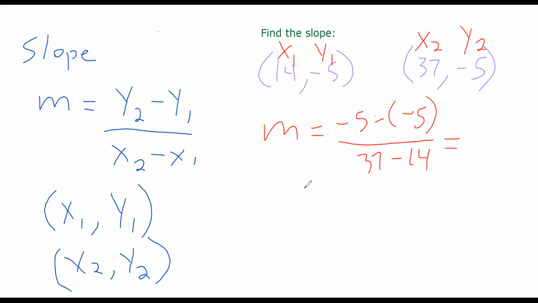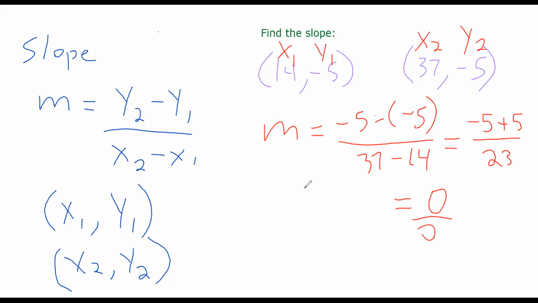But what are you going to get on top? Not quite. This is where they're getting you. On top, -5 minus -5 becomes -5 plus 5, which would be 0, exactly. On bottom, I guess you'll get 23, which is a bad Jim Carrey movie, but on top, you're going to get 0.